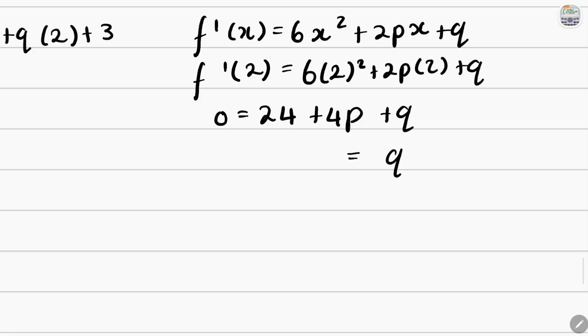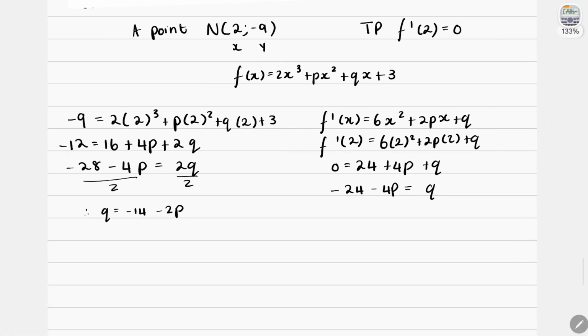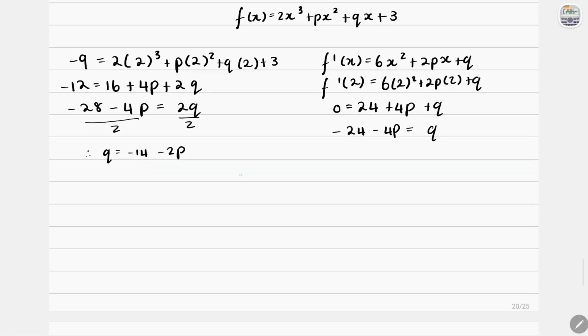We can just say q is equal to, and transpose all of this, so negative 24 minus 4p. And let's equate, because q equals q. Therefore, negative 14 minus 2p is equal to negative 24 minus 4p.